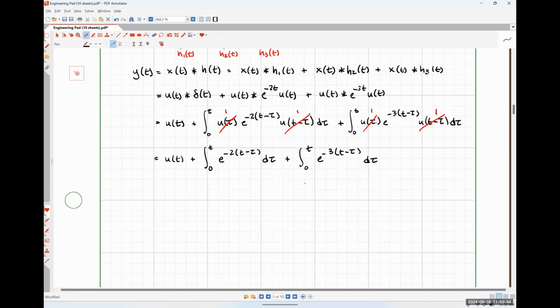So that would look like u of t plus e to the -2t integral from 0 to t of e to the 2 tau d tau, plus e to the minus 3t integral from 0 to t of e to the 3 tau d tau. Are we okay with that? So how do I take the integral of an exponential function?